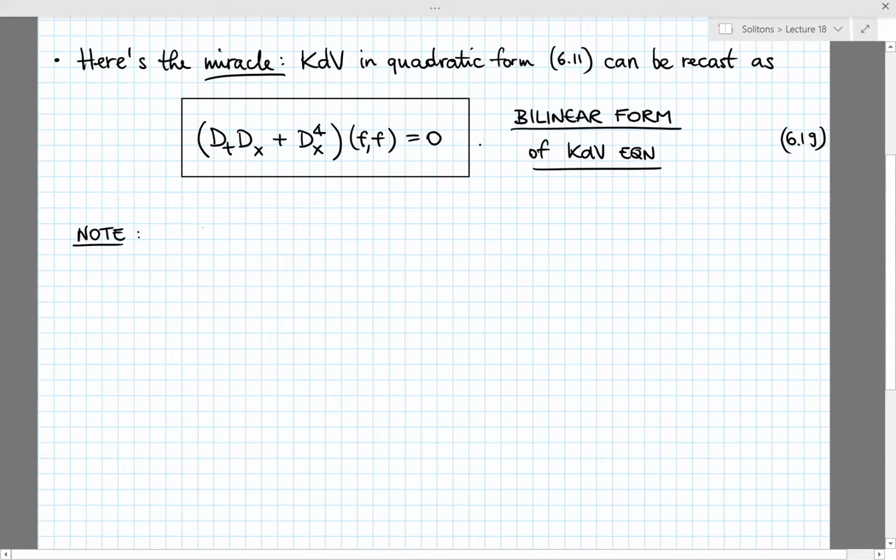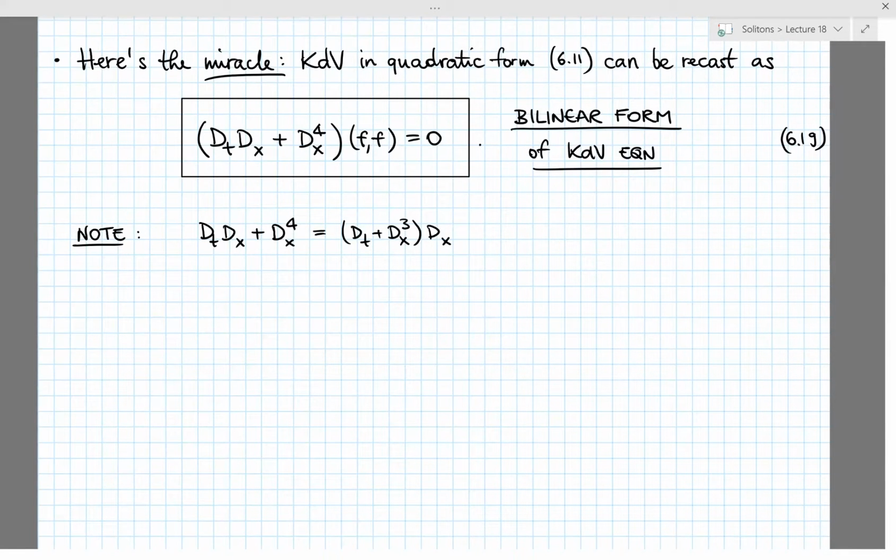And the comment is that here we have the Hirota operator Dt Dx plus Dx to the 4th, which we can formally factorize as Dt plus Dx cubed times Dx. I say formally because the factorization only works when you use both primed and unprimed coordinates before setting them equal.